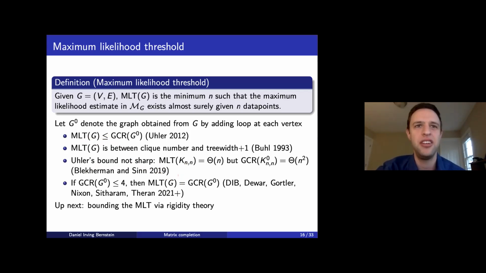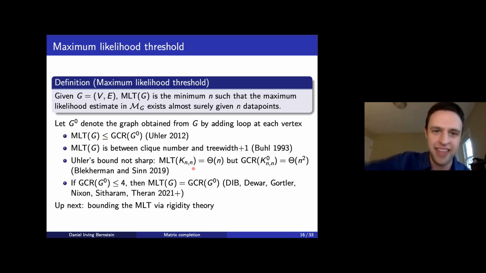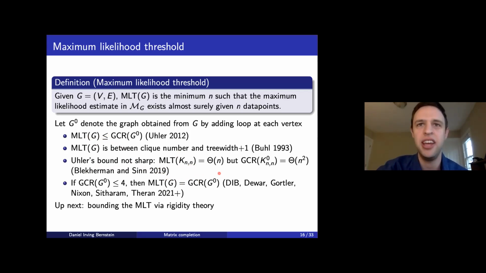Blekherman and Sinn showed in 2019 that if you look at complete bipartite graphs on the same size partite sets and send the size off to infinity, then the maximum likelihood threshold grows linearly in the size of that partite set, but the generic completion rank grows quadratically.